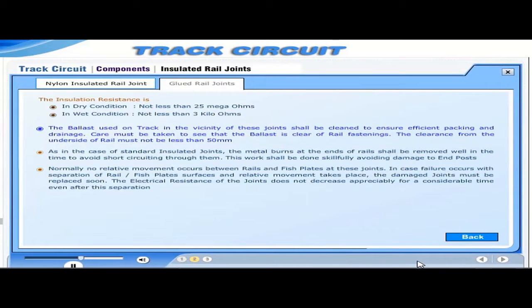The ballast used on track in the vicinity of these joints shall be cleaned to ensure efficient packing and drainage. Care must be taken to see that the ballast is clear of rail fastenings. The clearance from the underside of rail must not be less than 50 mm.